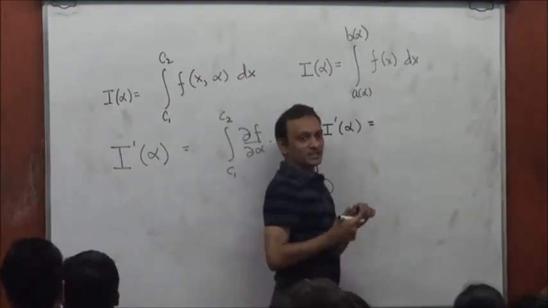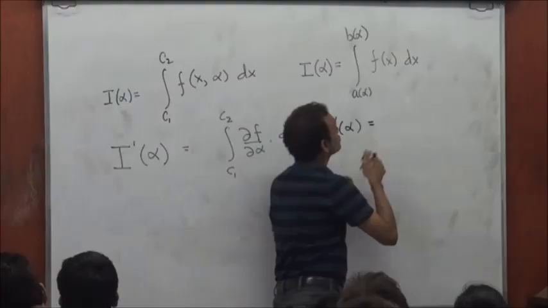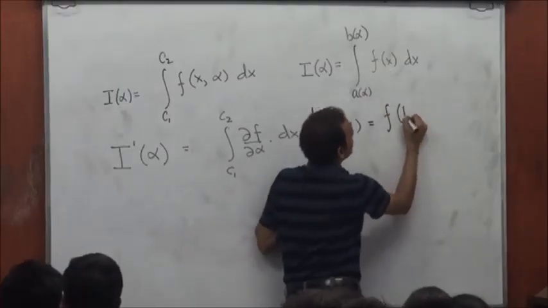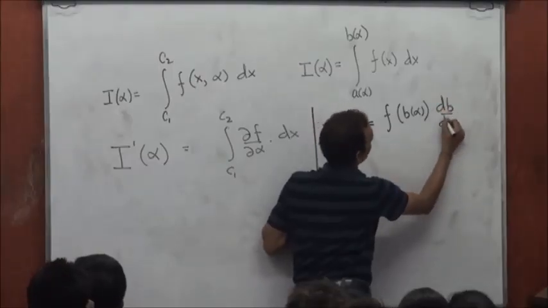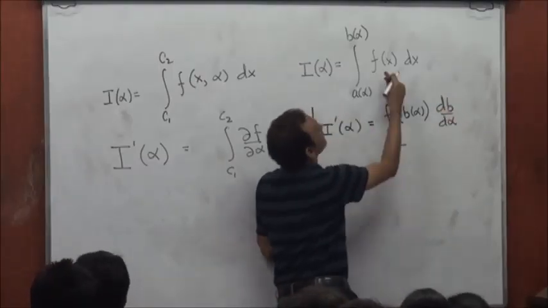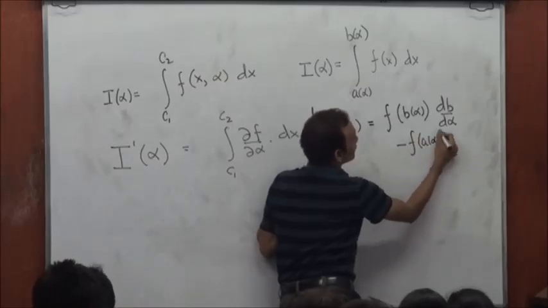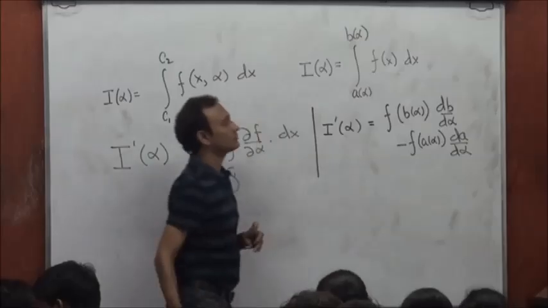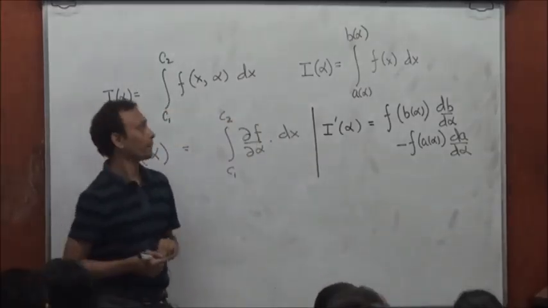The integral will not exist, because differentiating this with respect to alpha will give me 0. So then all that I need to do is replace x by b alpha in f and then differentiate b with respect to alpha, minus replace this x by a alpha and differentiate a with respect to alpha. That is I dash. Right?